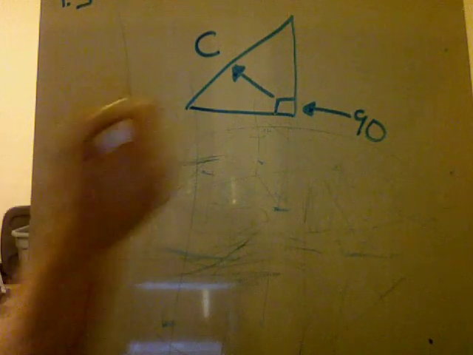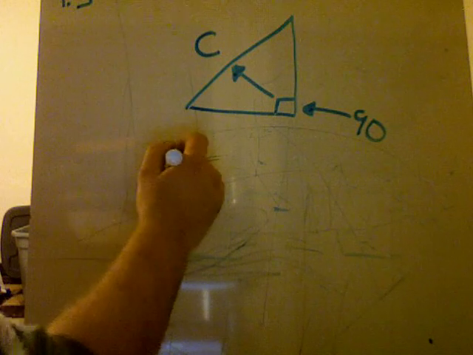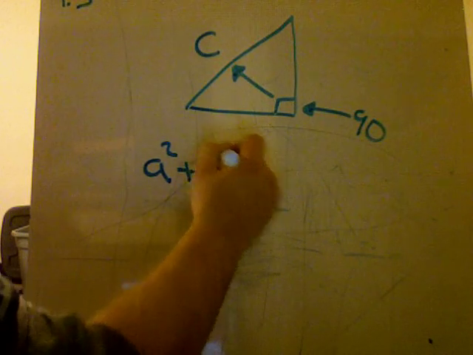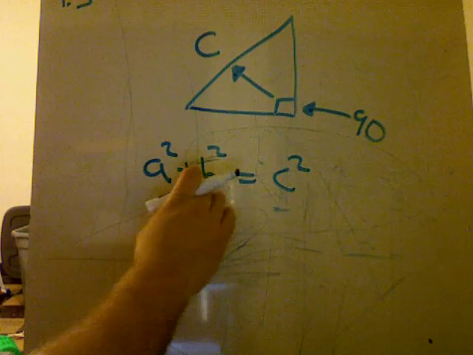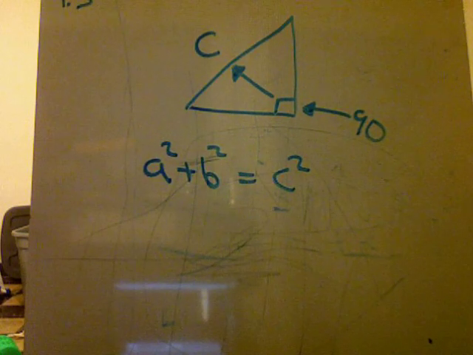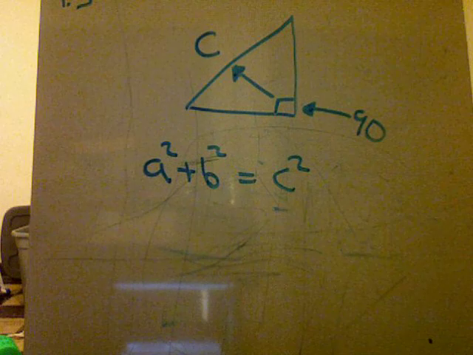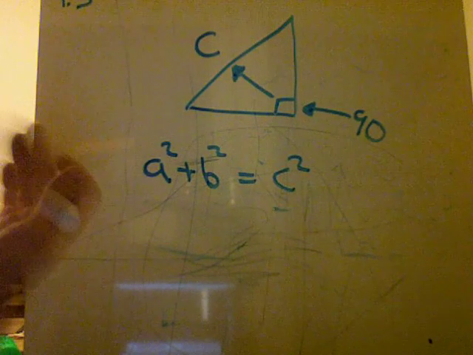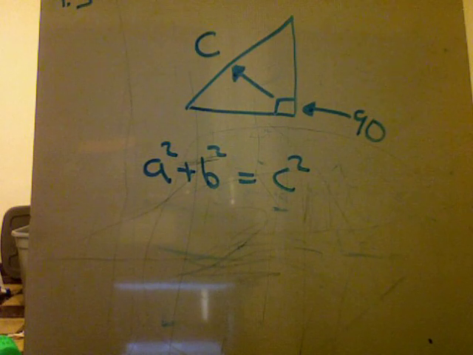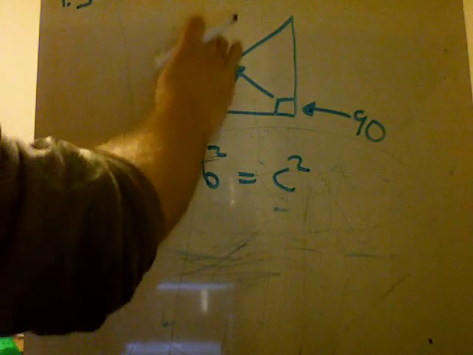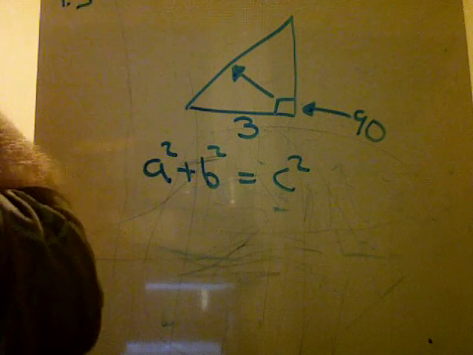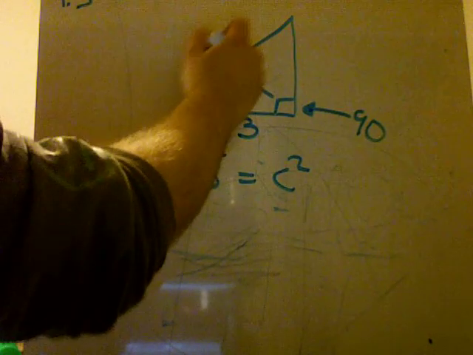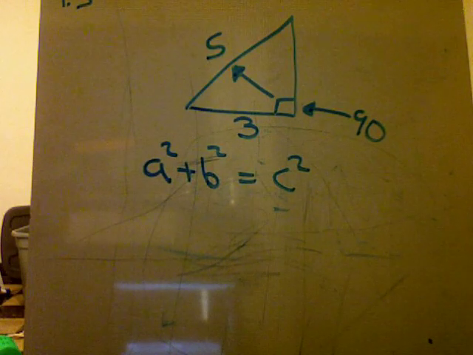Okay? So this theorem that we have is that a squared plus b squared equals c squared. Okay? So if we have any two pieces in here, we can figure out the third piece simply by doing some algebra. Okay? So let's say we have a right triangle that has one side of 3 and the hypotenuse of 5.